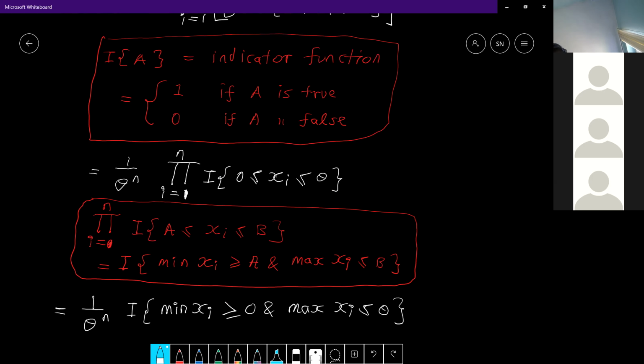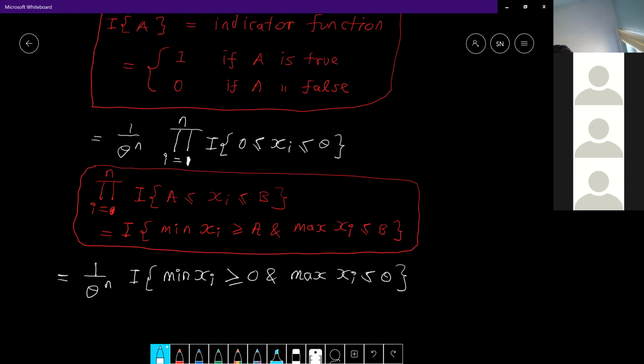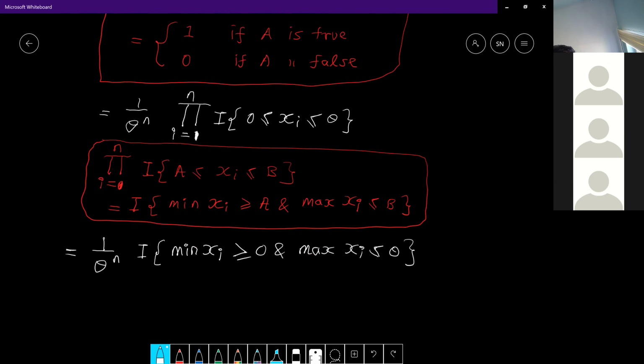Step B is to plot L of theta versus theta. I'm sure in semester 1 you did calculus, and one of the things you learned is how to plot functions.